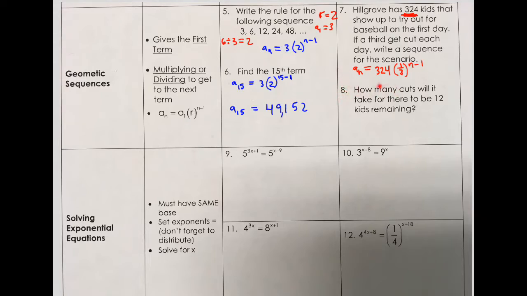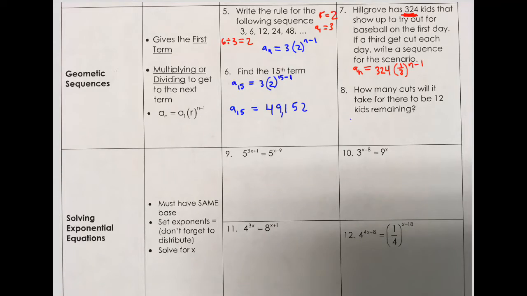Now it's asking us how many cuts will it take for there to be 12 kids remaining. So we have 12 we're wondering about. We have an n up here because we're looking for the 12th cut. So now we're just plugging in 12 for n.